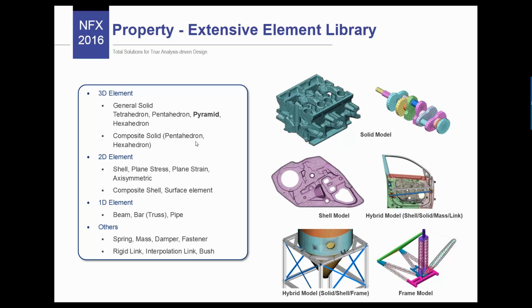All these element types can be used, and you have also all the types of elements which can be used to connect different elements together, or to represent different interactions like spring elements, mass elements, or dampers, fasteners, rigid links, interpolation links, bush elements. So those elements are much more advanced, but they are all available inside midas NFX.